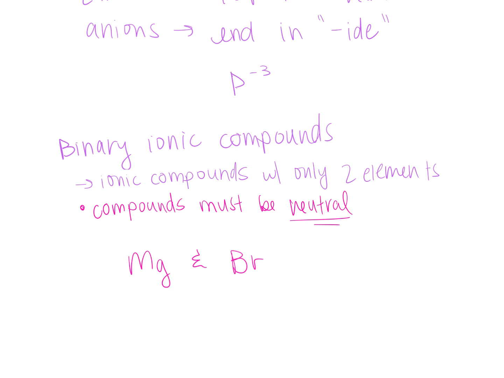Let's look at magnesium's charge. We see up here that it has a 2+. I don't really like to write it 2+, I write it +2, but they mean the same thing. So magnesium is +2.